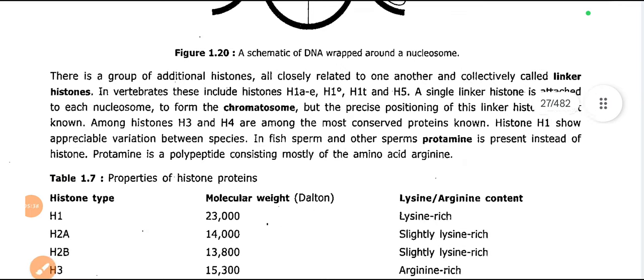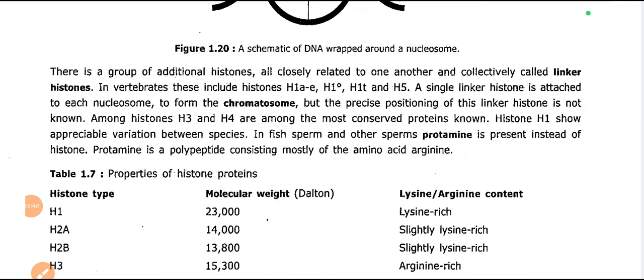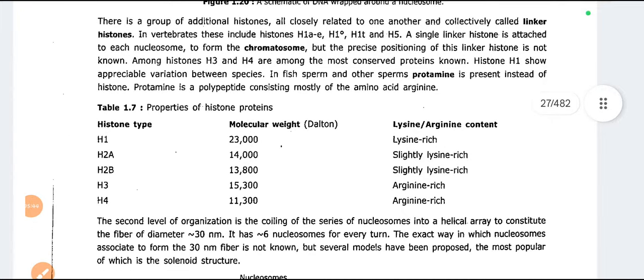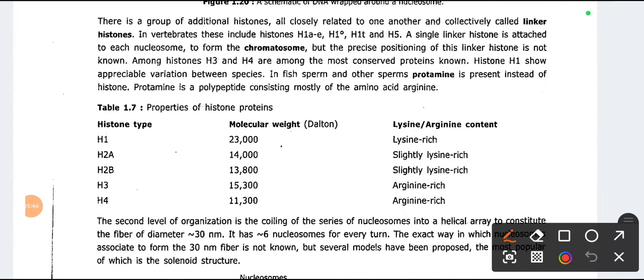Then there is a group of additional histones, closely related to one another, collectively called linker histones. In vertebrates, these include H1A to E, H1 zero, H1T and H5. One is core histone, one is linker histone.